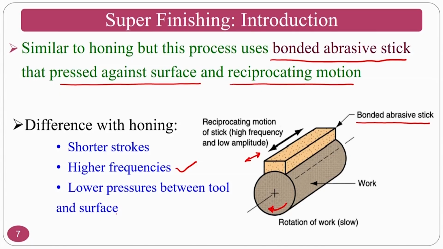Normally this is a flexible stone, so the pressures are obviously very low. Also, smaller abrasive particle sizes are used. Super finishing normally uses smaller abrasive particles compared to the honing process, because of which you get a better surface finish.